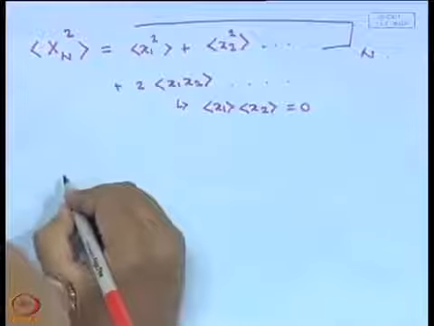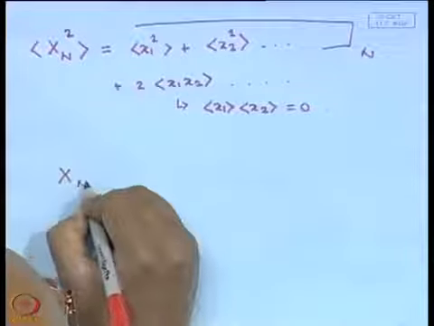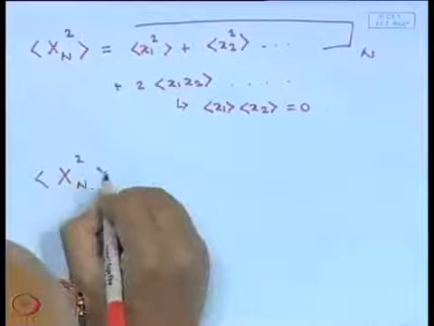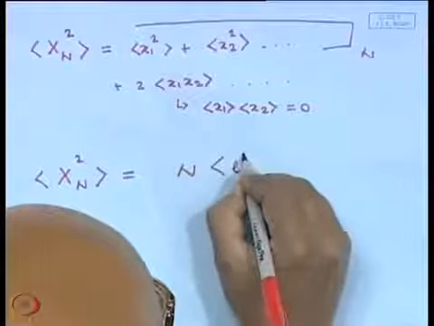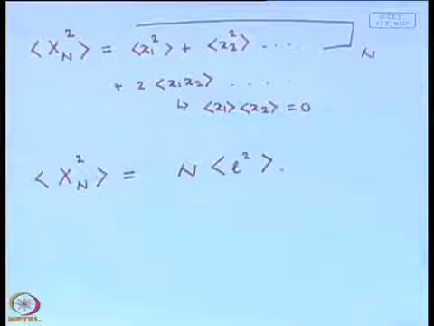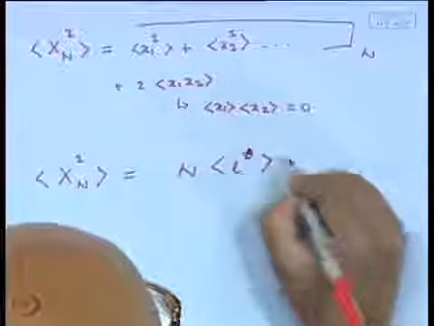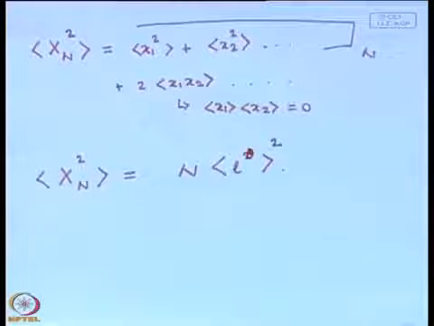So, we know that the mean square displacement after n steps is going to be the number of steps into the mean free path squared. That is the typical distance between each scattering.